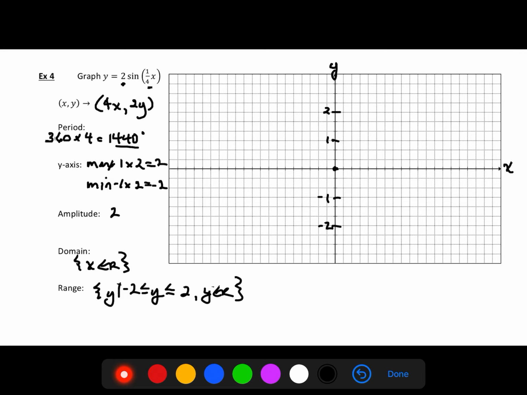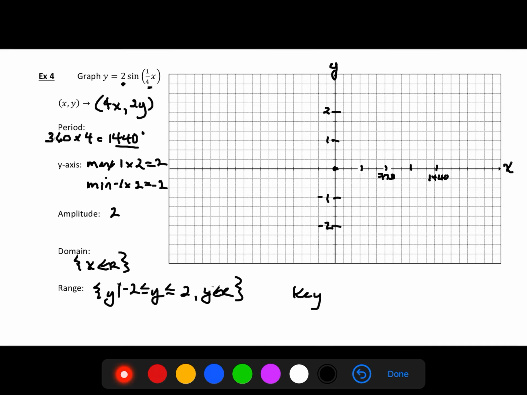0. And we can still think about making those key points every 3 places or blocks on our grid. We're just going to, again, scale it a little differently. If this is 1440, this is going to be 720.